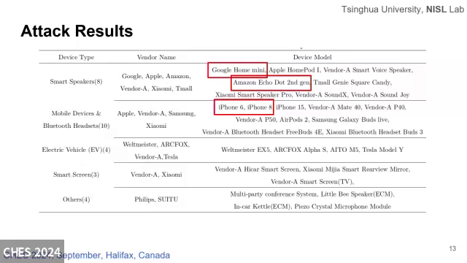So here comes the attack result. Our study evaluated 29 mainstream voice control device modules as listed in the table. All the devices were successfully attacked, including 22 equipped with a microphone array.